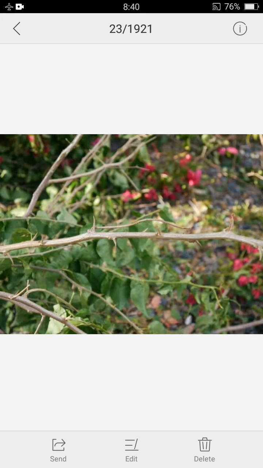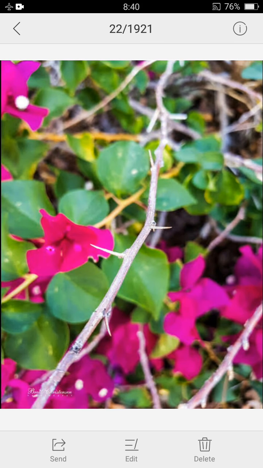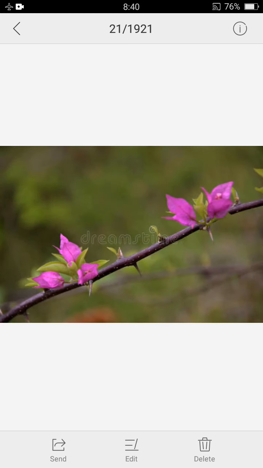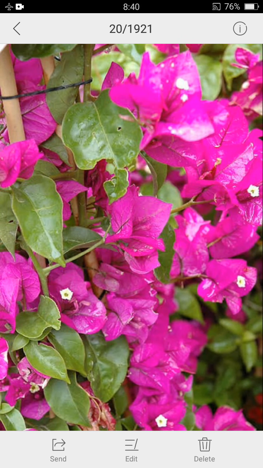You might have seen the nice purple flowers of bougainvillea, which help to protect the plant from animals that eat the leaves, called browsing animals.